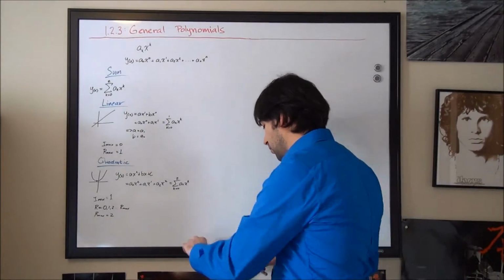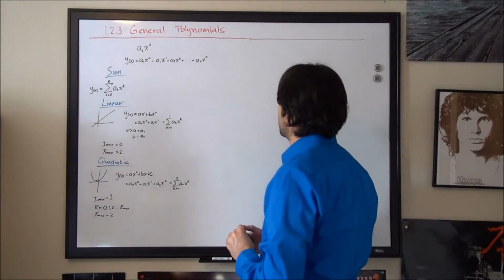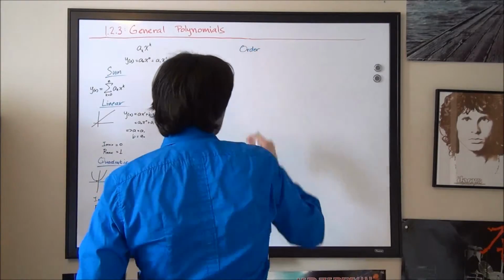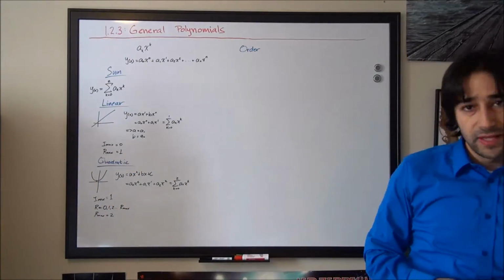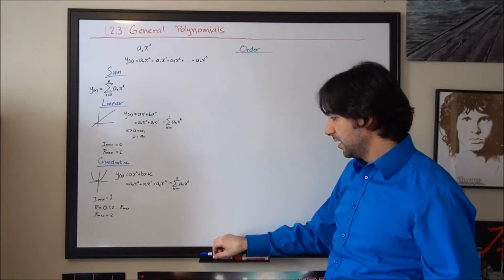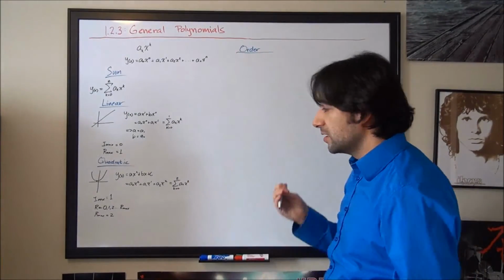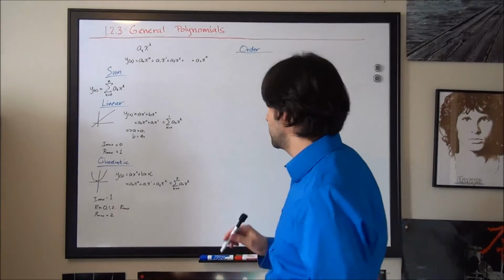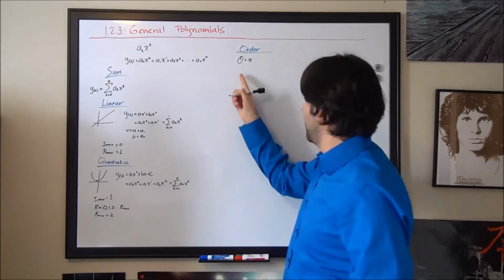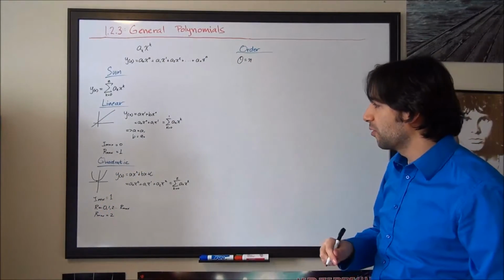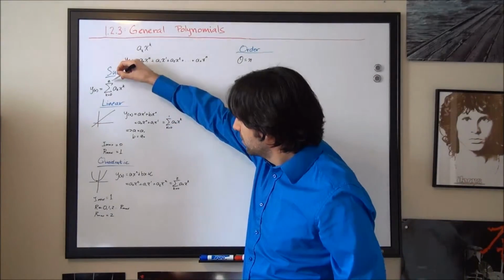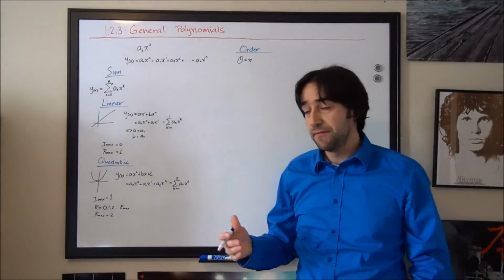Now let's start talking about the order of a polynomial. The order of a polynomial is simply given by its maximum exponent. So the order of the polynomial is simply equal to n. Keep in mind that's not 0, that's a capital O for order. The order of the polynomial is equal to n, the maximum exponent of the function.